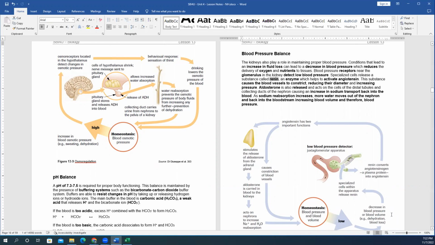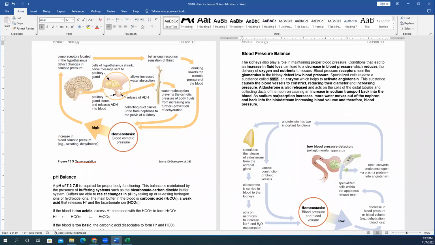The other thing that is released is a hormone called aldosterone, and this gets released and acts on the cells of the distal tubules and also the collecting ducts in the nephron, causing them to increase their sodium ion transport back into the blood.